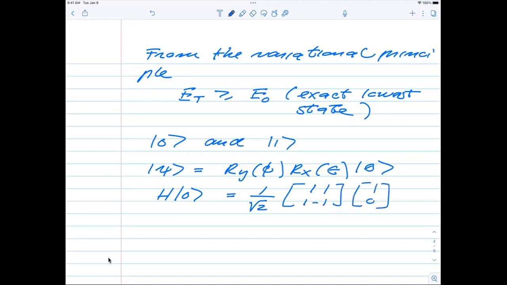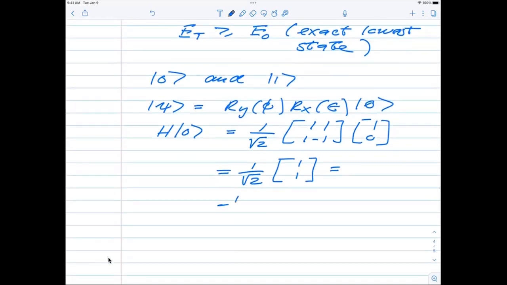If we look at that calculation, what we get is 1 over square root of 2 times a combination of the states, so we are in a superposition of the states 1 and 0.